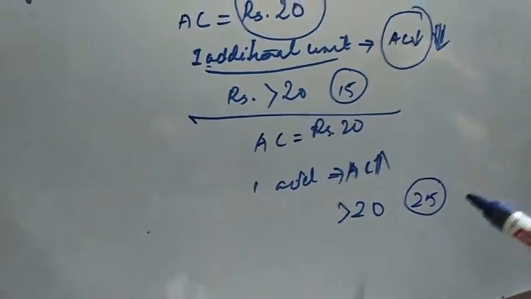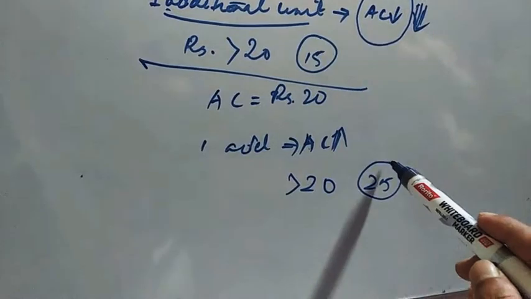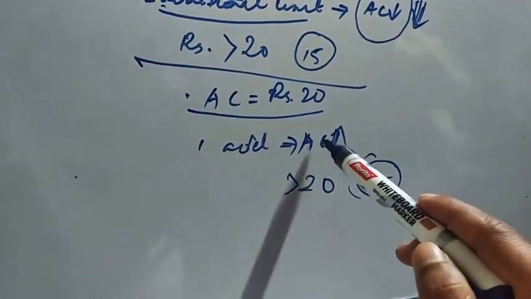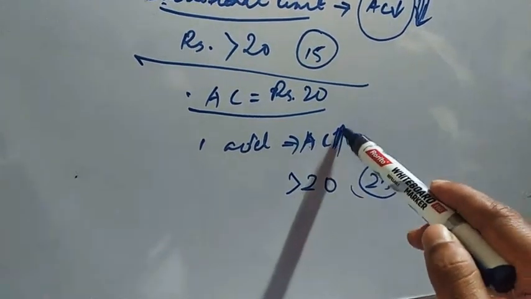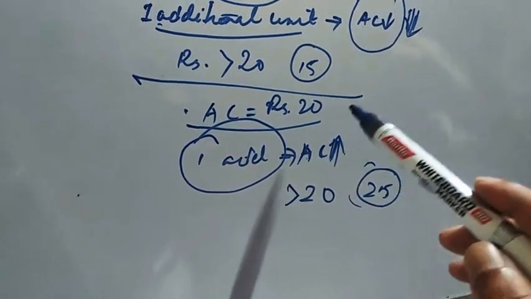So here the additional amount of rupees that he incurred is greater than the average cost. That is why the average cost rises when one additional unit of output is produced.